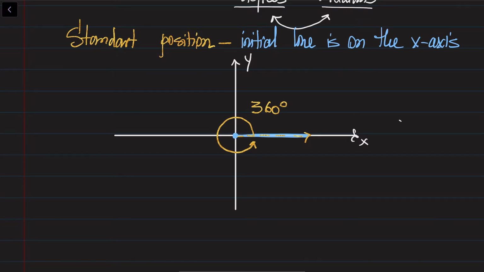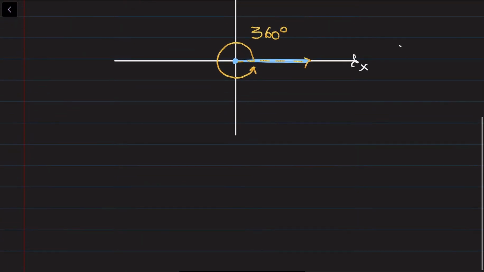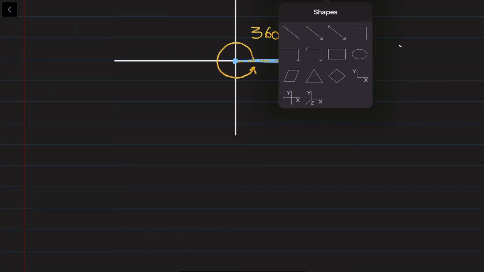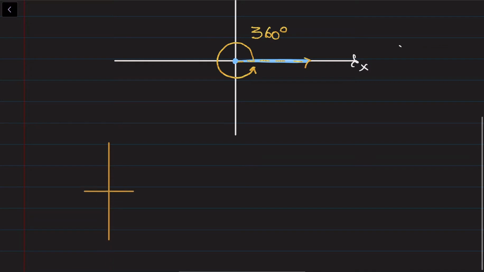Now the idea of measuring angles smaller than 360 degrees is by dividing the 360 degrees into portions. Let me explain what I mean. Again, I've got the rectangular coordinate system here, the x-axis and the y-axis.